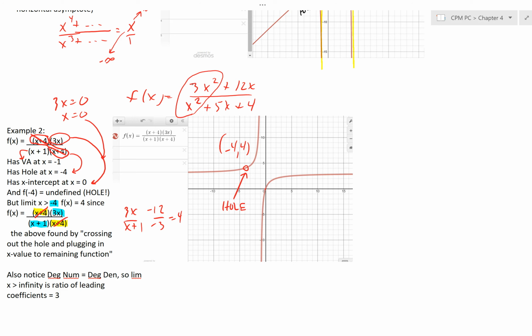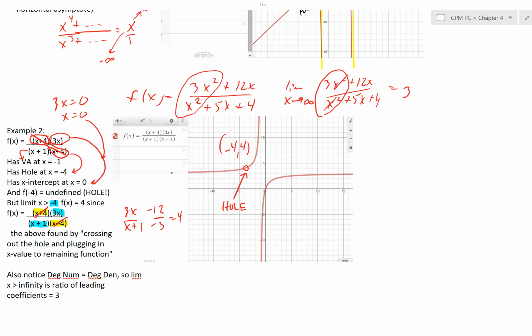In this one, we have 3x squared over x squared, so that's the same as 3. So the limit as x approaches infinity of 3x squared plus 12x over x squared plus 5x plus 4 is just equal to 3, because 3x squared over x squared, the x squareds cancel, we just get 3.